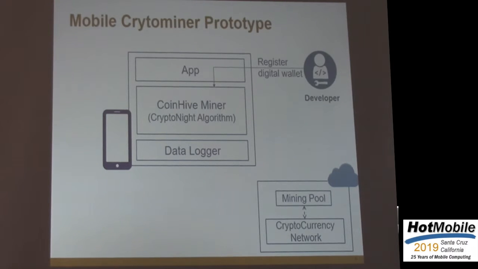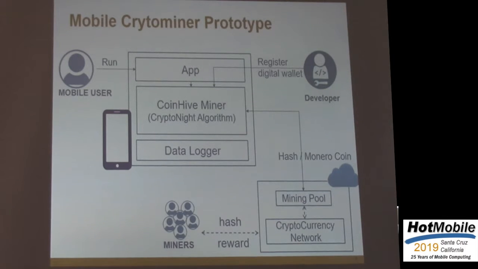So how does this work? Basically, the developer registers his or her digital wallet to the CoinHive miner. When the user runs the app, the app requests the CoinHive miner to run for a certain duration. Then this miner mines and gets the hashes. These hashes are sent to the mining pool, and collated with the hashes mined by other miners.